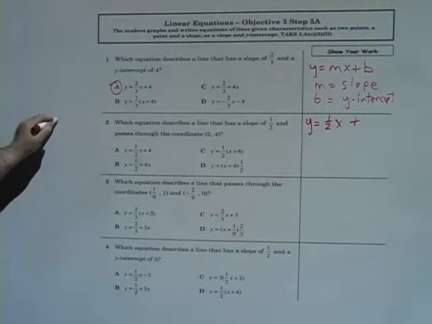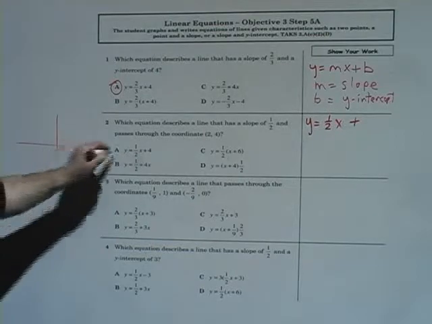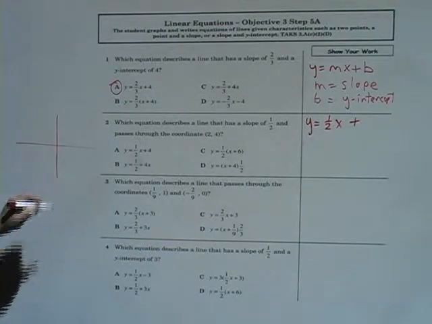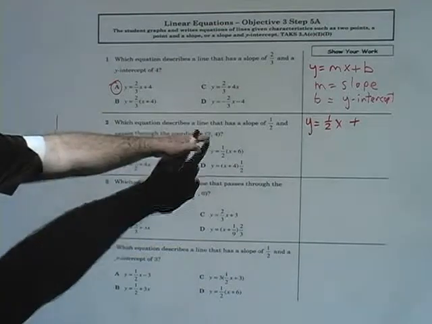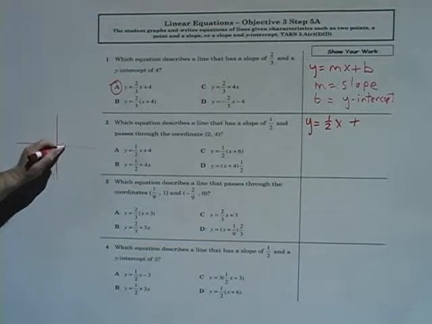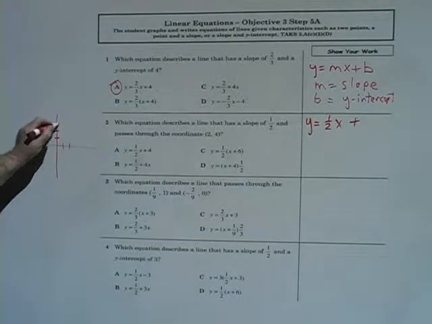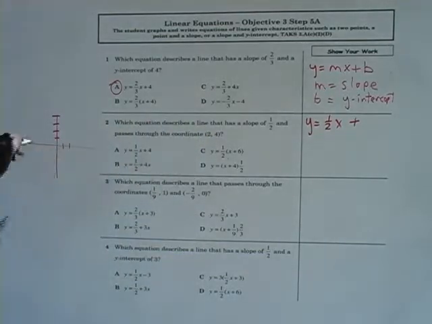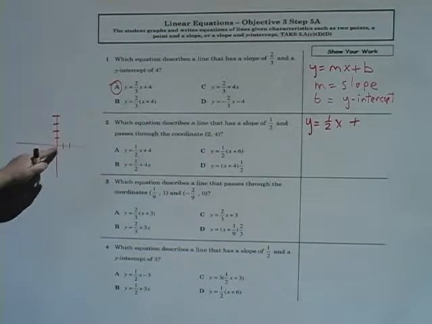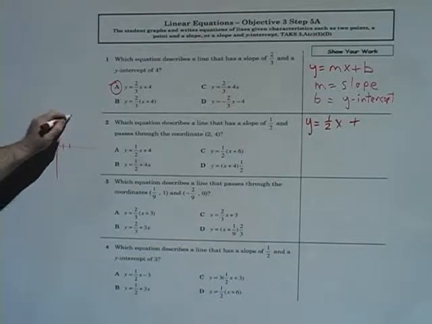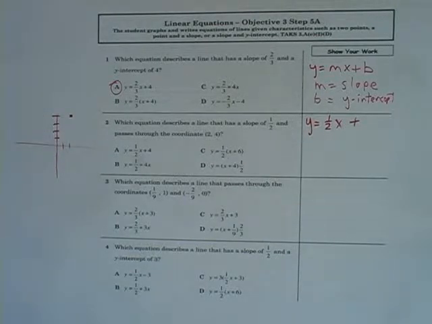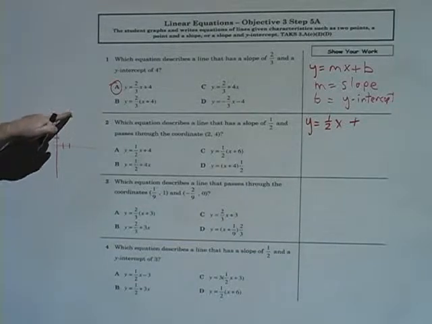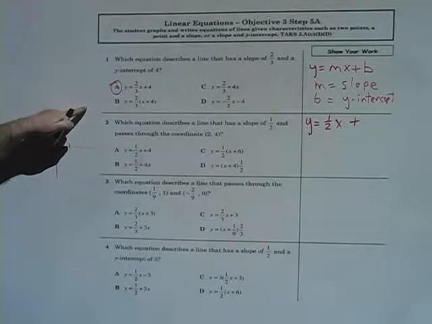But another way you could do this is actually graph this line. Okay, they're telling us that the line goes through 2, 4. You know how to take that point and graph it. So you go graph it. Here's 2, 4, right here. And then it has a slope of 1/2. Well, a slope of 1/2 means it goes up 1 over 2.